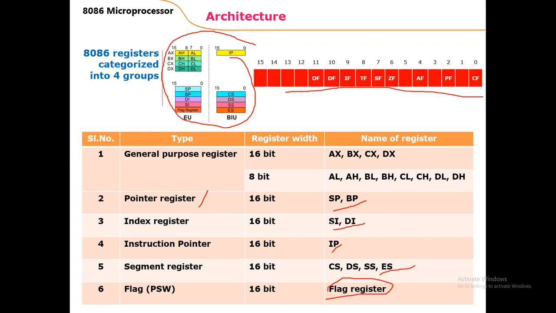So this is the segment register. And source index is for incoming index and destination for outgoing index. This is the pointer register, stack pointer and base pointer. So all parts are already discussed.